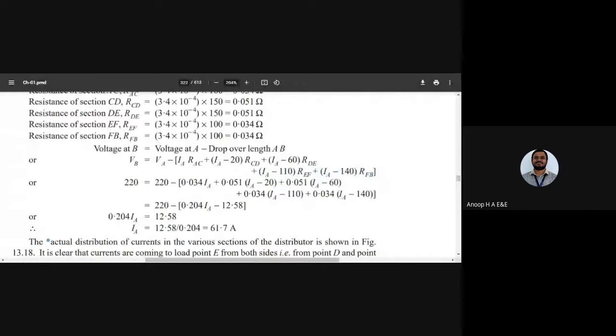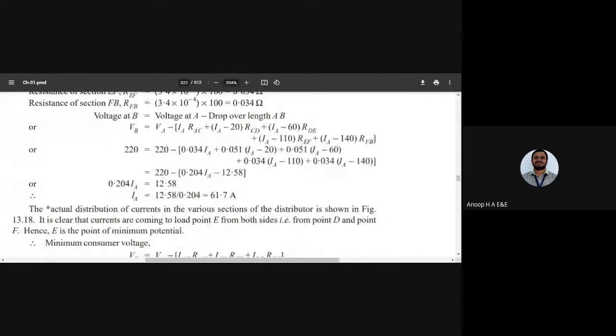All those things I have to substitute for the different sections: RAC, RCD, RDE, REF, and RFB. We have to find out the value in terms of IA.